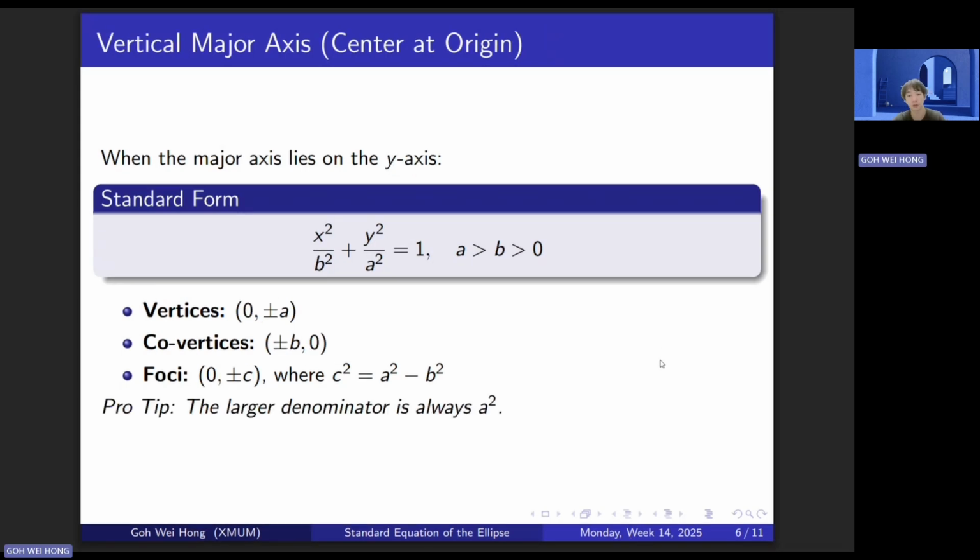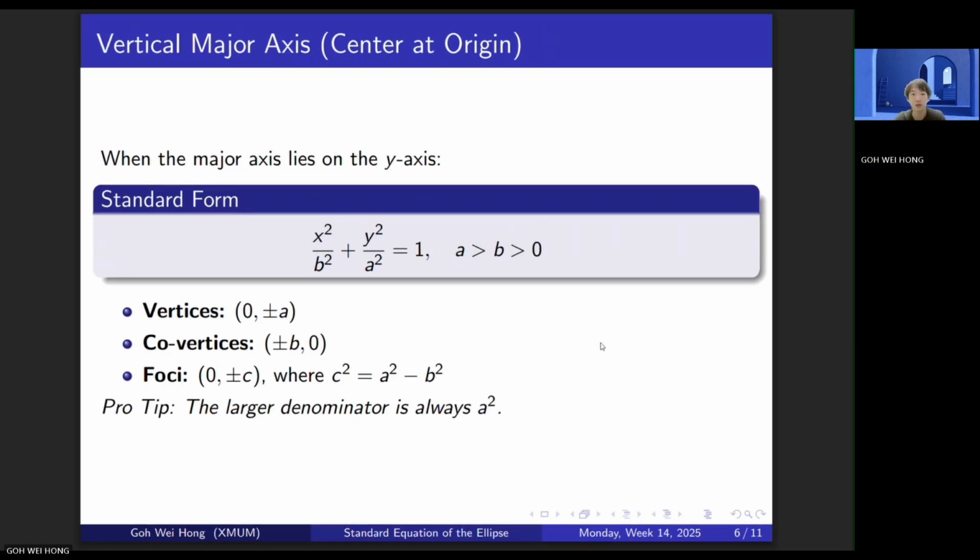Next slide is our slide 6. What if the ellipse is vertical and stands up tall? In this case, the bigger number, a squared, moves to be under the y. The equation becomes x squared over b squared plus y squared over a squared equals 1.